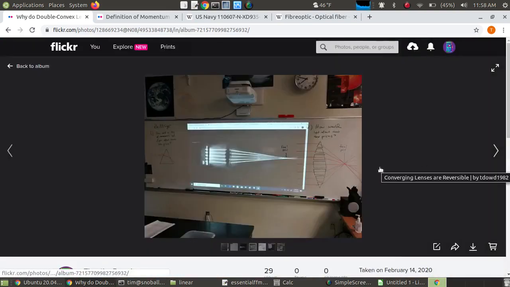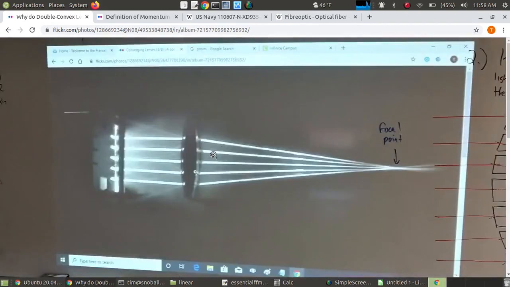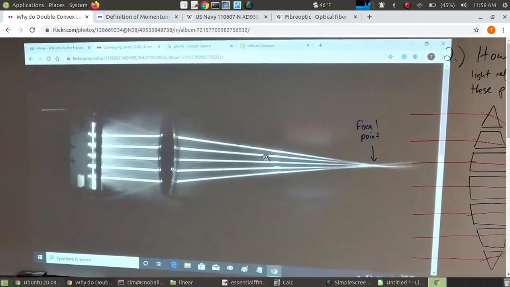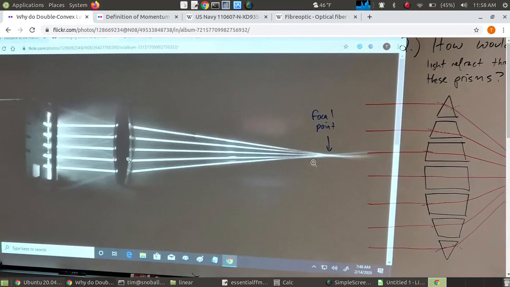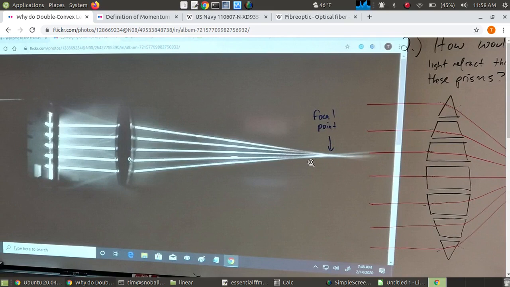And here's what an actual lens can do. I've got parallel beams of light leaving here, hitting this lens, and they're all being sent together and converging on a place called a focal point. This is probably something that everyone who's ever used a magnifying glass to try to light paper on fire understands.